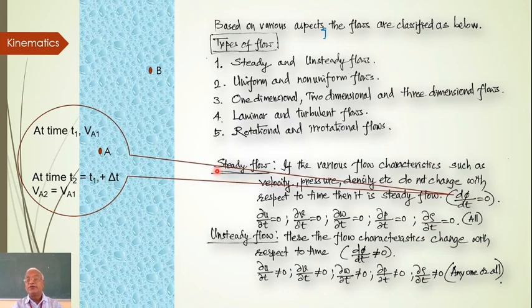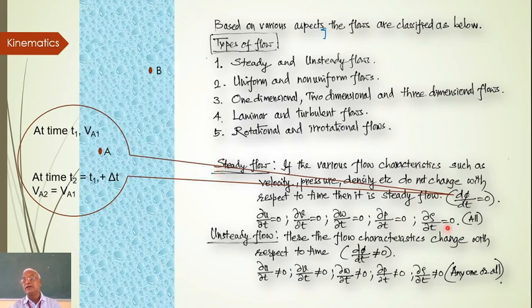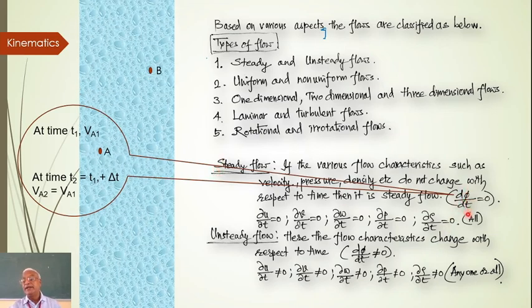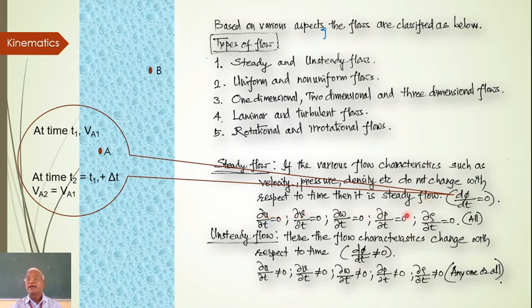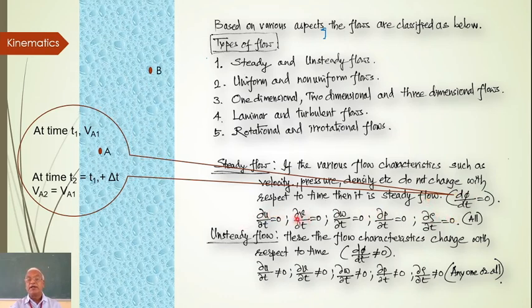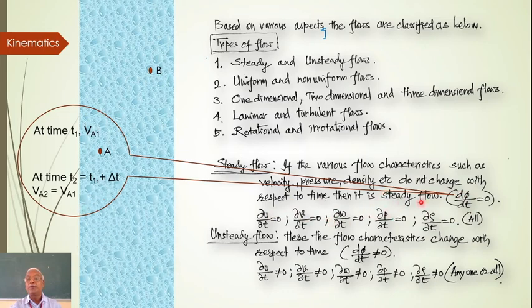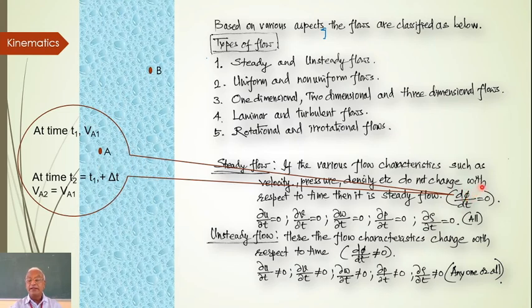So that is a steady flow. Now why is it shown as d phi by dt? The phi represents all the characteristics of the flow. Rather than writing u, v, omega, p, rho, etc., you represent all of them by a single letter phi.